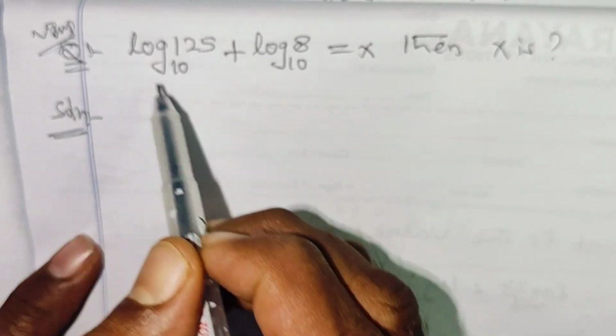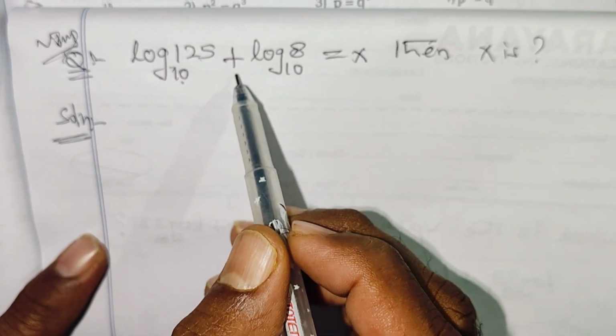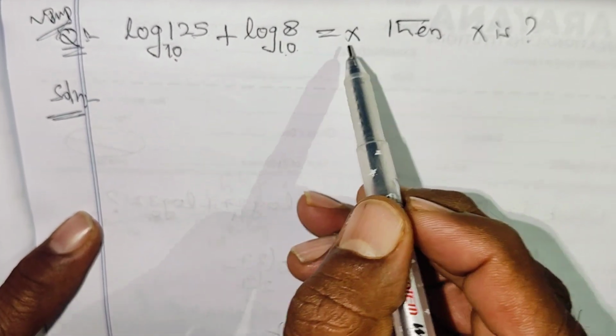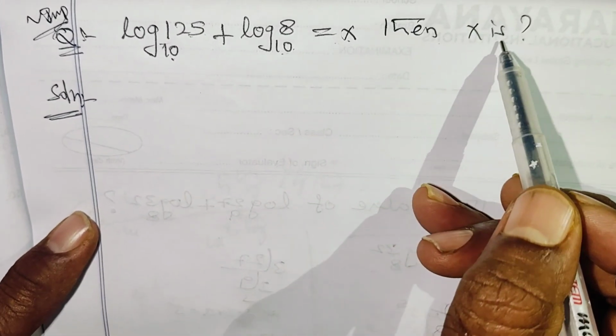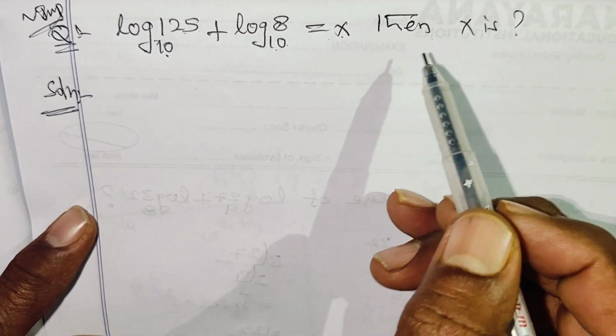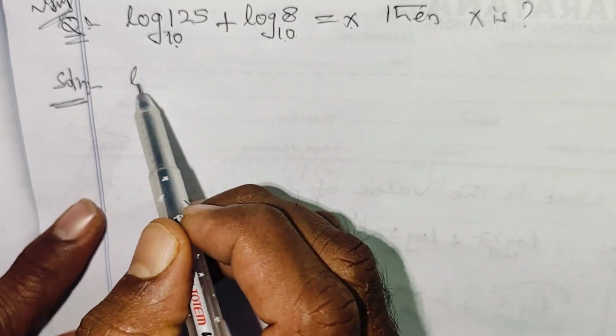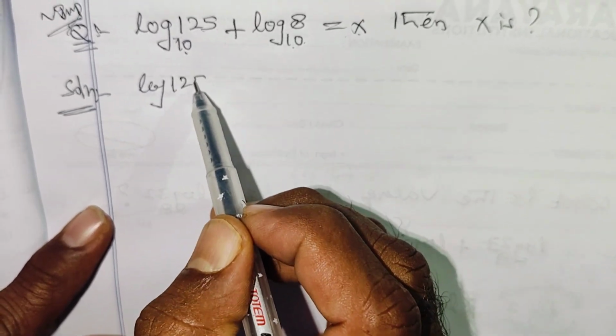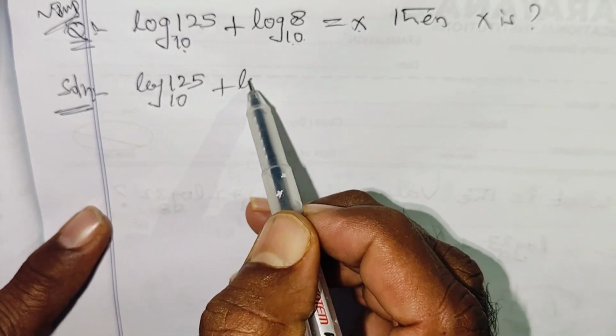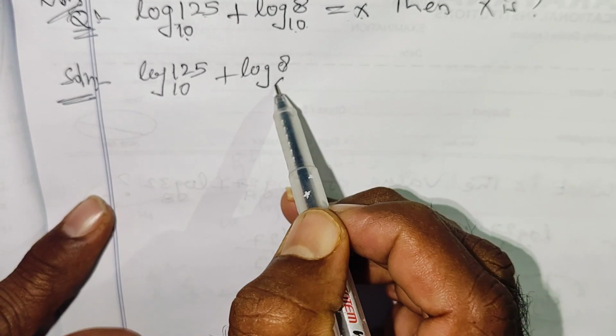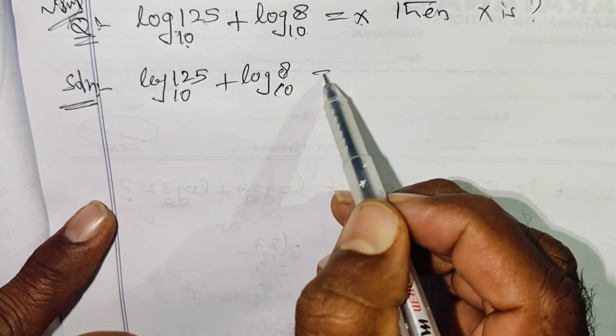Very important. Log 125 base 10 plus log 8 base 10 is equal to x. Then x is equal to how much value? Solution: log 125 base 10 plus log 8 base 10 is equal to x.